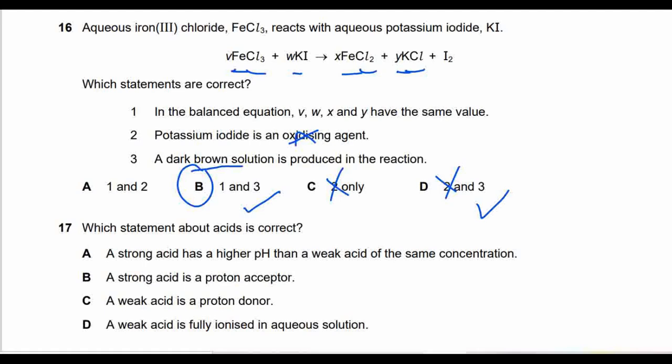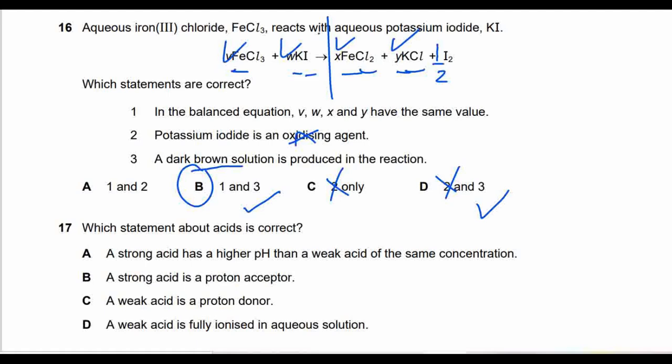I is, how many I here? I is 1 on the left, but on the right there are 2, so we have to make it into 1, so we put a half here. So it means they are the same, 1, 1, 1, 1, except this one.